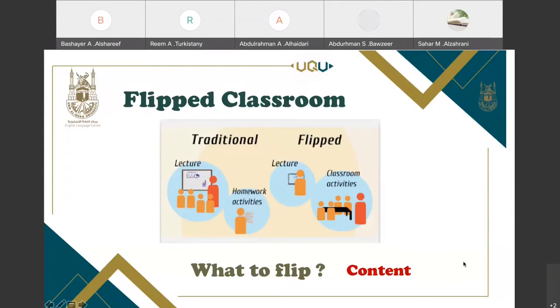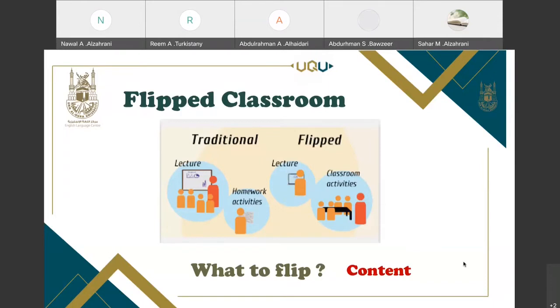Now, I want to stress one thing. We are introducing the flipped classroom and how successful it is. But we are English language teachers. We know that there are many frameworks and approaches. We cannot say that one approach is perfect. There is nothing perfect. If one approach is suitable for one lesson, it might not be suitable for another lesson. If it is suitable for this group, it might not be suitable for another group.